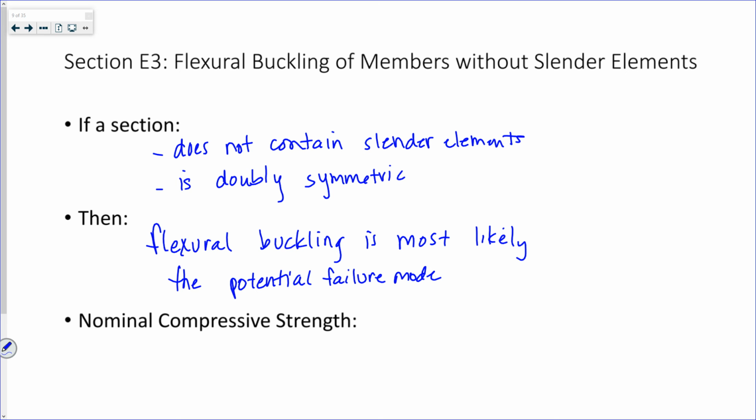And how we calculate our nominal compressive strength, Pn, is equal to a critical stress times our gross cross-sectional area.